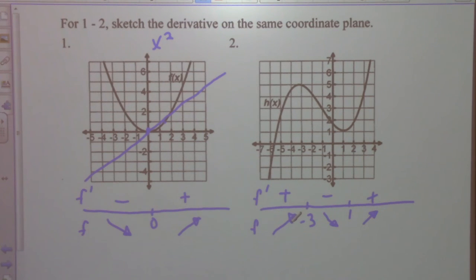So f prime is positive, negative, positive. It's going to be something like this. What's the halfway point between -3 and 1? It's going to be -1. So here are your critical numbers right here. The thing is going to look something like this.